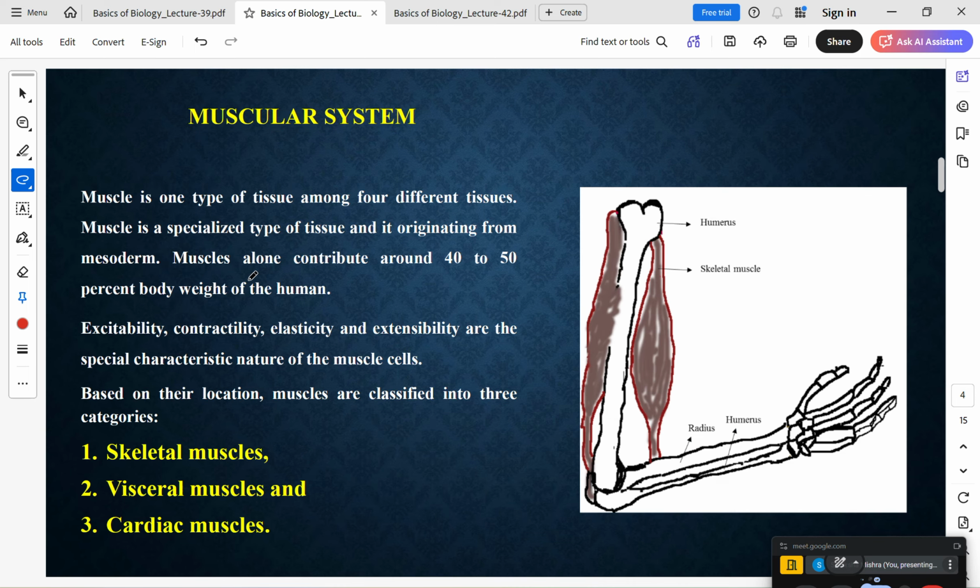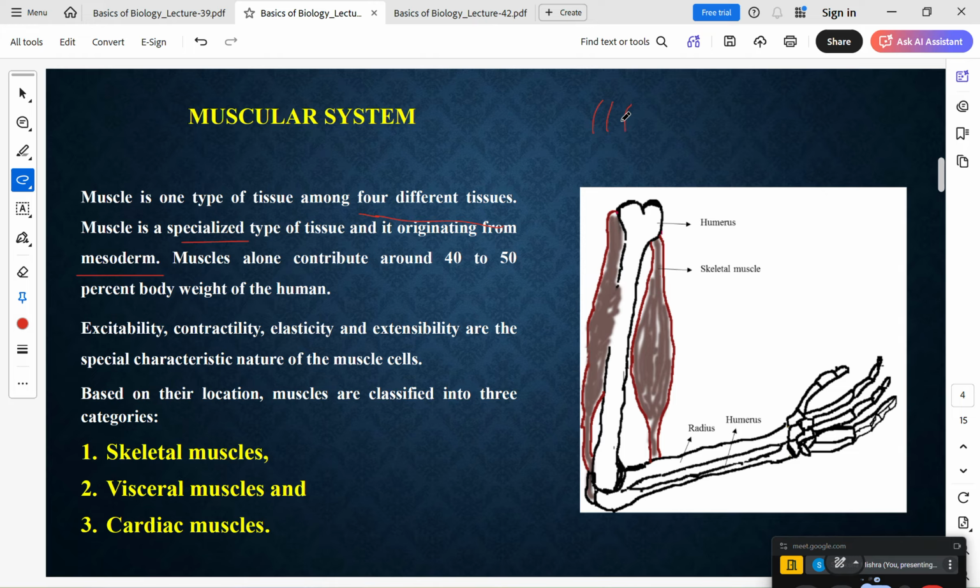The muscular system is a type of tissue among 4 different tissues. They are a specialized type of tissue, and they originate from mesoderm. So when a triploblastic organism is developing, there are 3 layers to it.